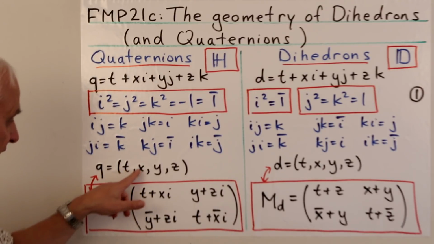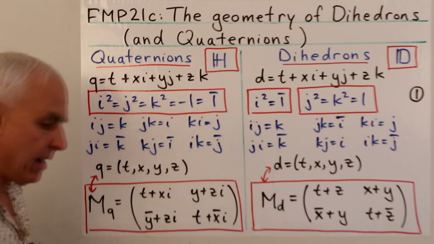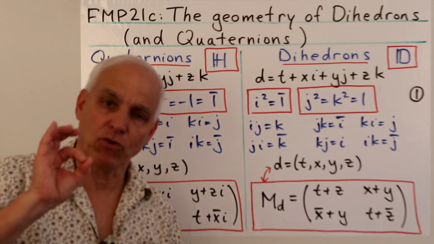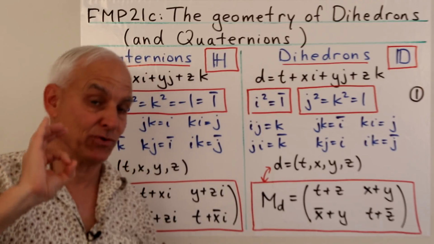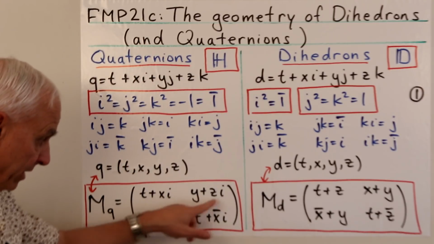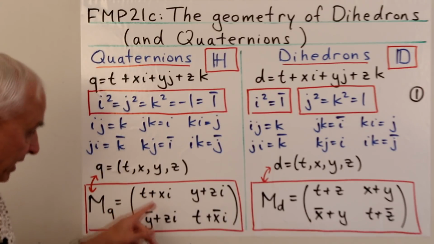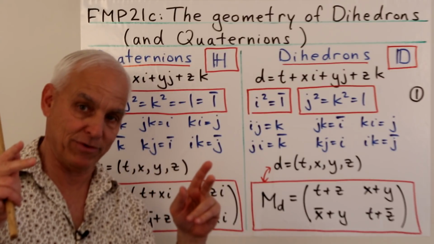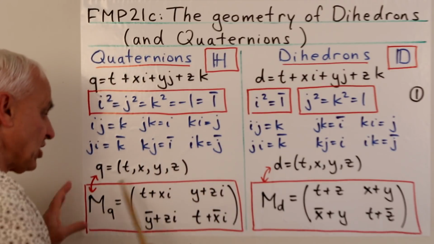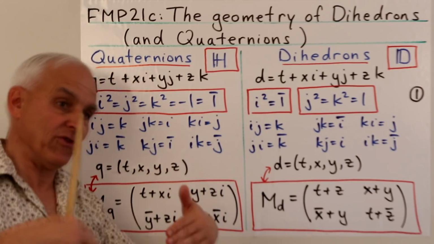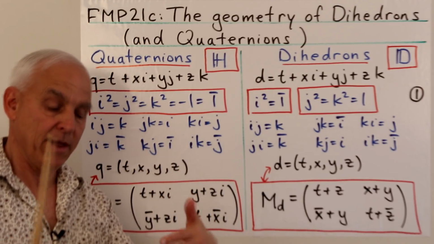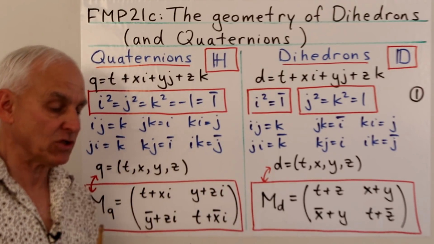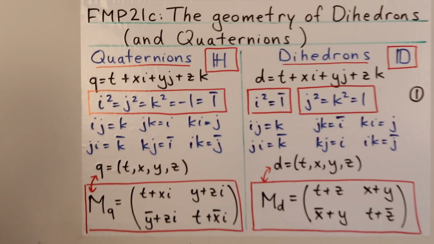So the quaternion t, x, y, z can actually be modeled by a 2x2 matrix, however, with complex number entries. So there's an i appearing here. There's a source of confusion here because these i's are supposed to represent the usual complex numbers. So this story already presupposes that we have a complex number system. Anyway, if you have that, then you can represent quaternions in the 2x2 matrix world this way.